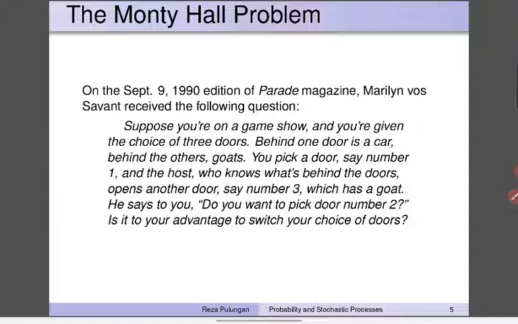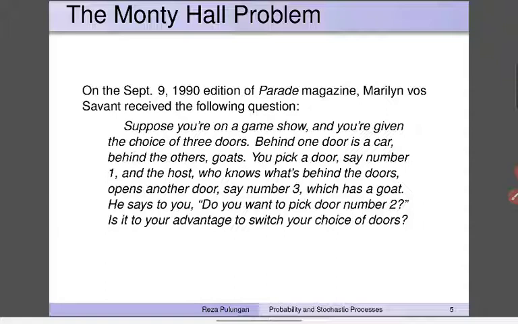You pick a door, say number 1, and the host, who knows what's behind the doors, opens another door, say number 3, which has a goat. He asks you, do you want to pick door number 2? Which means asking whether you want to switch or not. The question is, is it to your advantage to switch your choice of doors?